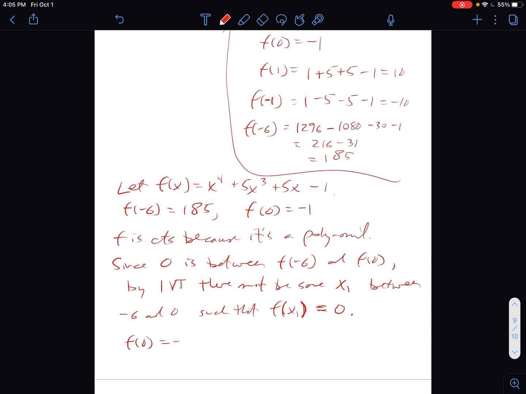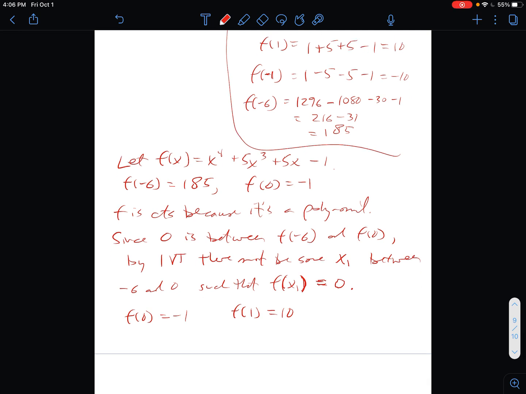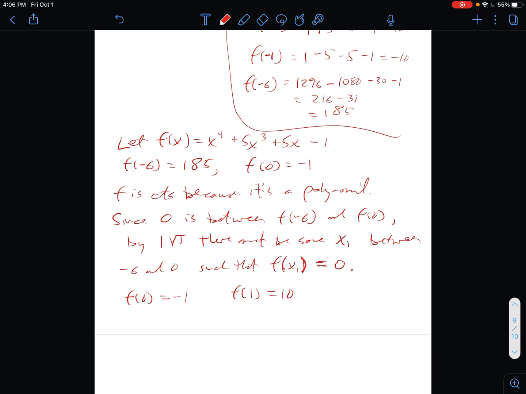Now, f of 0 is negative 1, but f of 1 is 10. So what happens is if I keep going, it switches from negative back to positive. So there's at least two switches. It was positive, then later on negative, then positive again. It must have switched again. So now we can say, if we apply the intermediate value theorem again, it's the same function, so it's still continuous. 0 is still between these two values.